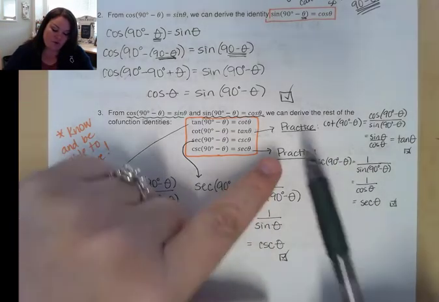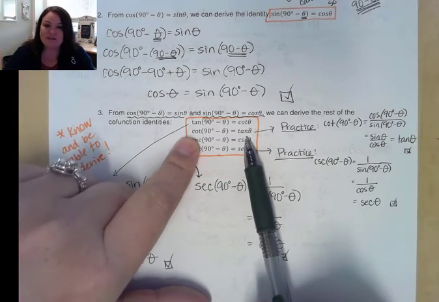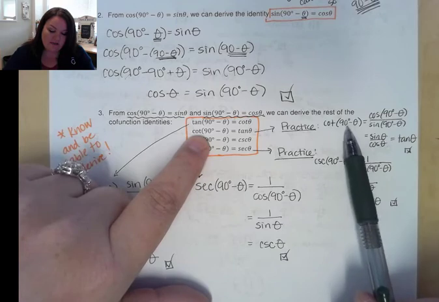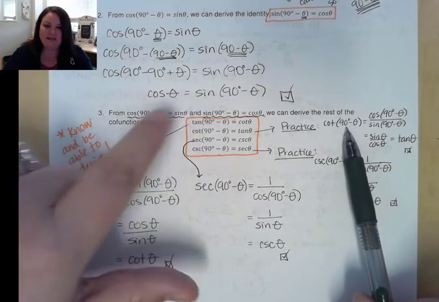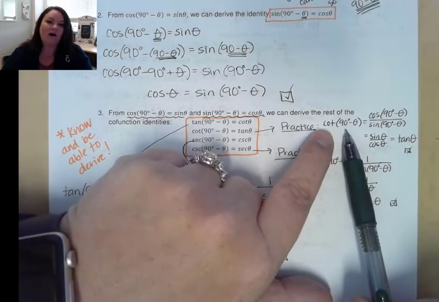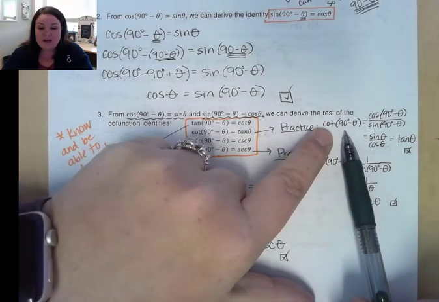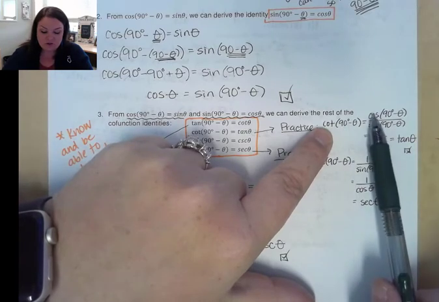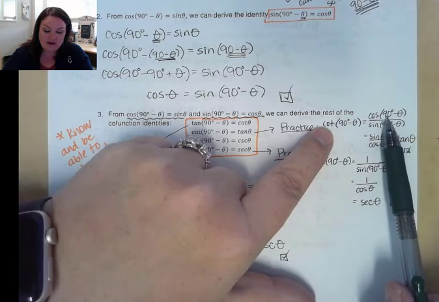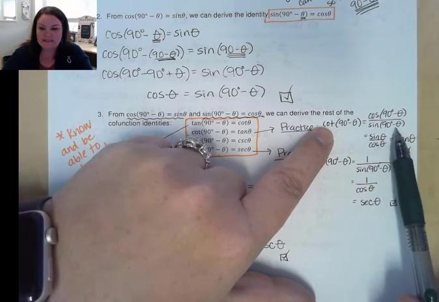So on the first one, we're trying to prove that cotangent of 90 degrees minus theta is equal to tangent theta. So we start with cotangent of 90 degrees minus theta, and we don't have an identity for that yet, right? So we're going to write cotangent out as its quotient identity, which is cosine over sine. So I can rewrite this as cosine of 90 degrees minus theta over sine of 90 degrees minus theta.